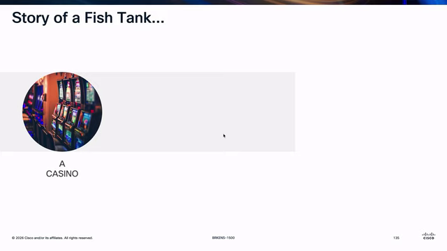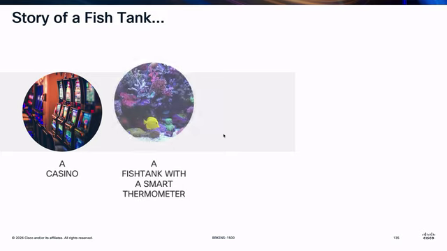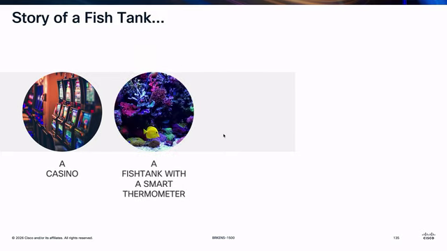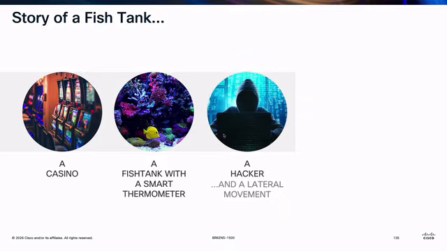I don't know if you've heard of it, but there is a story of, well, not necessarily a fish tank, but a smart thermometer, which was placed in one of the casinos in Las Vegas. And the hacker noticed that this is a smart endpoint exposed.